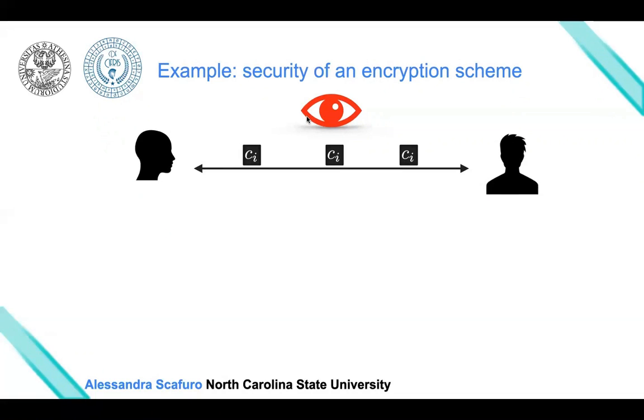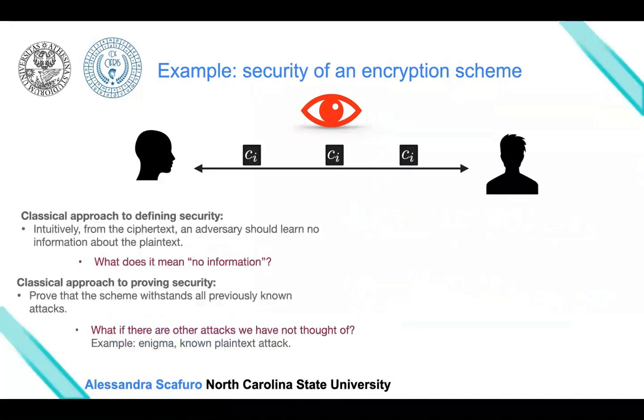Okay. Now, if we think of an intuitive definition of security for an encryption scheme, we will probably say, well, for an encryption scheme to be secure, it's necessary that from the ciphertext, the adversary can learn no information. That's a good definition intuitively, but then the question is, what does it mean to learn no information?